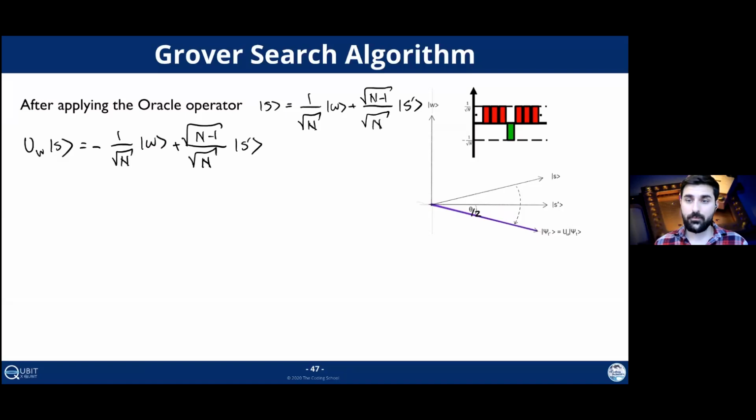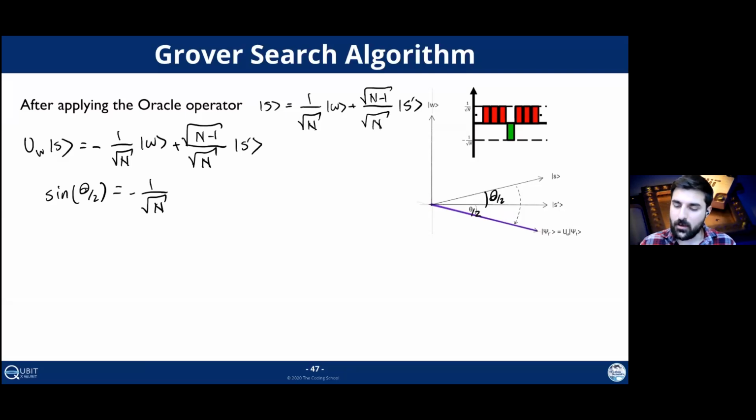Now, if I look at the sine of the angle, what is it? Well, it's just this coefficient, right? So I get minus 1 divided by square root of n, which all it means is that we have flipped our state.